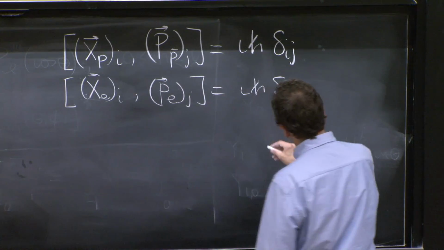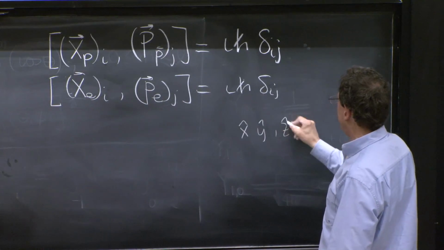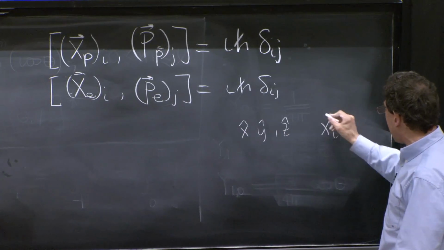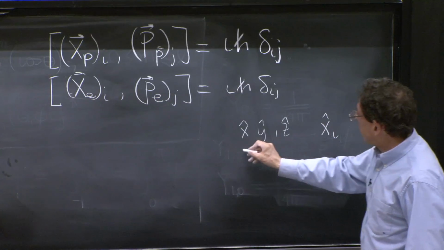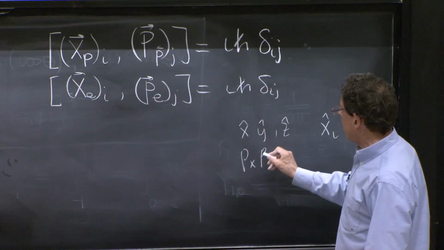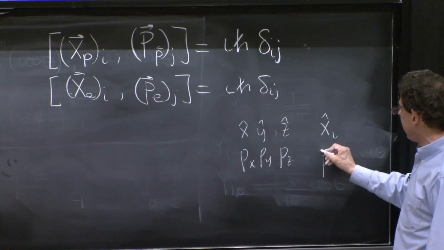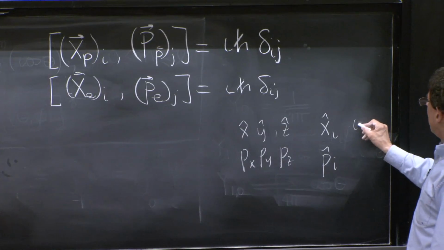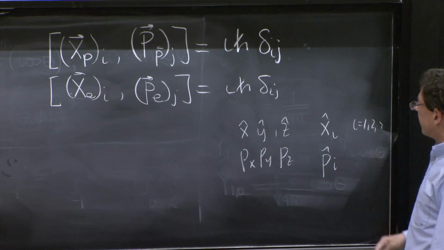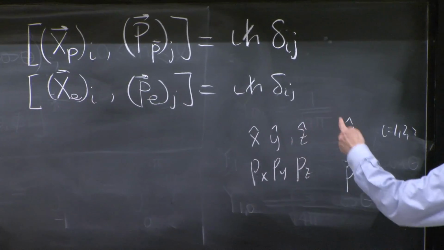You see, this is because X operator, Y operator, Z operator, you can call them X_i operators with i running over 1, 2, 3. The Px, Py, Pz operators are better called P_i, with i running from 1, 2, and 3. And x being the first, y the second, z being the last.